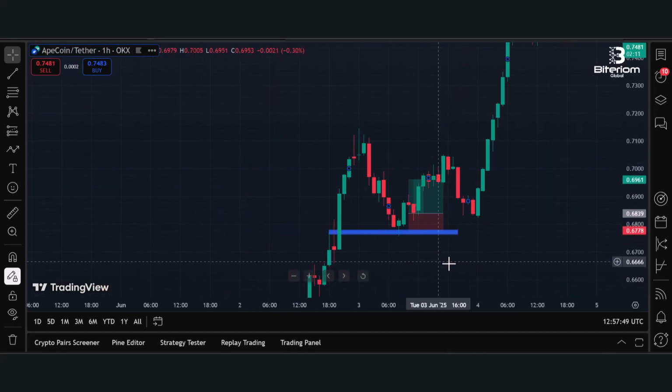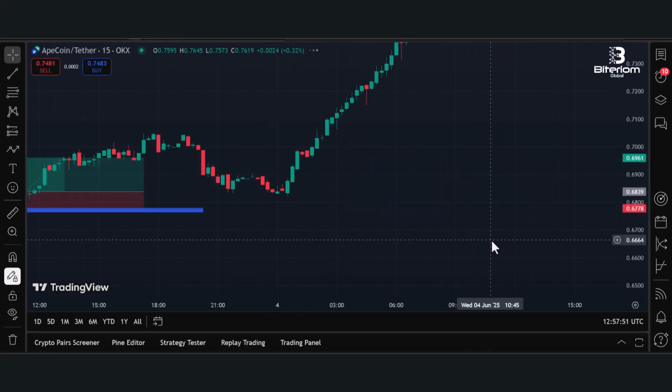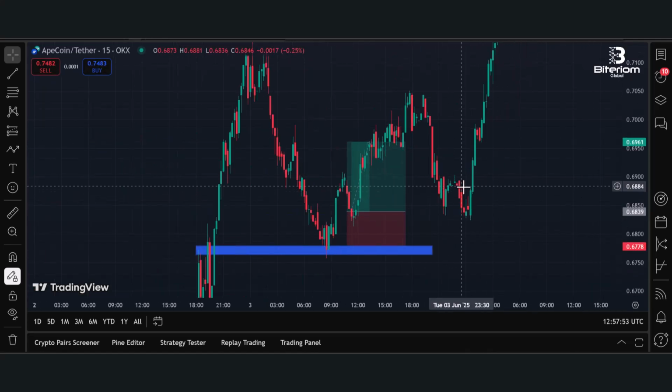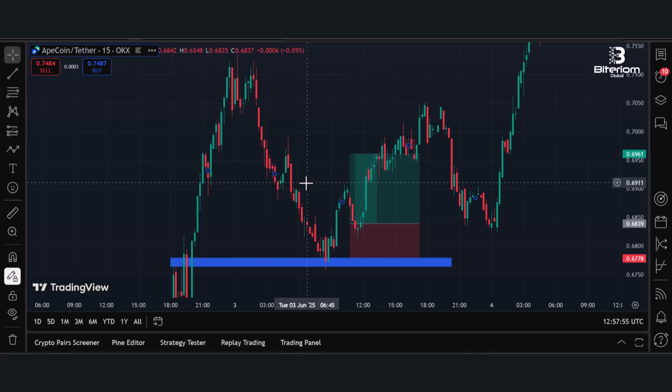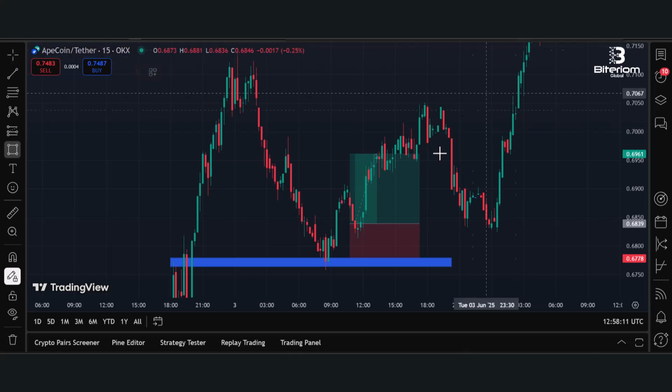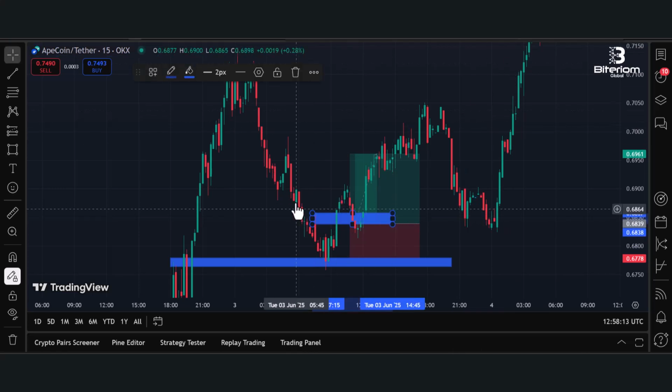Here now you can see we can shift our time frame to the 15 minutes time frame and mark lower low and lower high. We have lower low here and lower high here. We have lower low here and lower high here. Lower low here and the previous lower high. The previous lower high is so important for us.